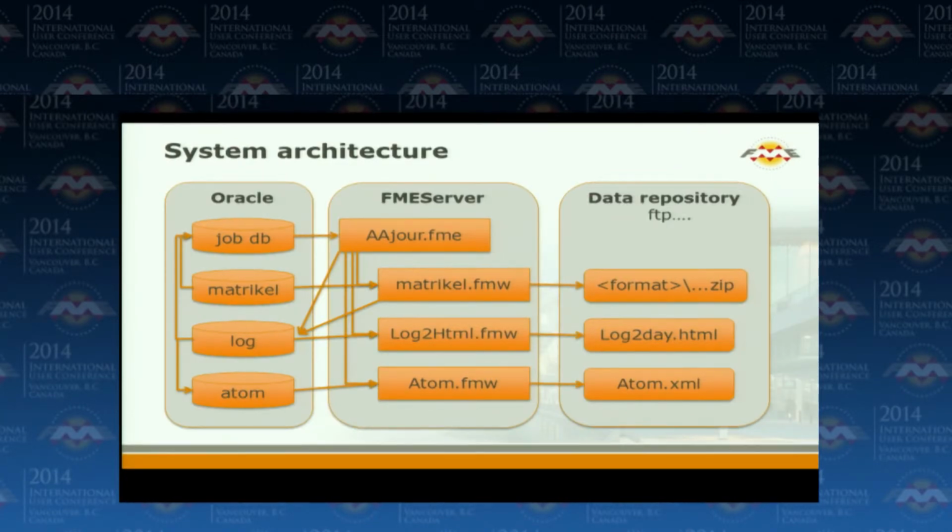So, an overview of the architecture of the system. Basically, everything we have is in Oracle. We have all the data in Oracle, with four different kinds of schemas. We have the job database, which is basically a view telling me where the changes have been since last time I ran it. It's based on the changes within the cadastral matrikelsystemet and what I have in the log database.